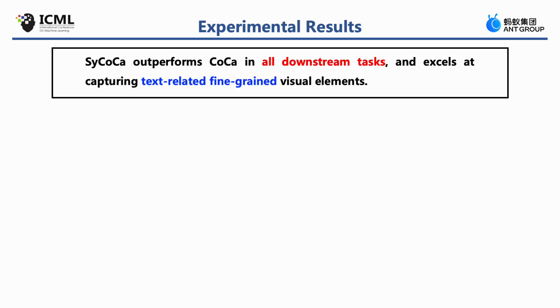To demonstrate the effectiveness of our proposed SyCoCa, we conduct extensive experiments on 5 downstream tasks, where both CoCa and SyCoCa are trained from scratch on CC20M. SyCoCa outperforms CoCa in all downstream tasks and excels at capturing text-related fine-grained visual elements.